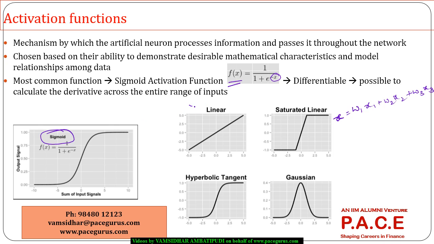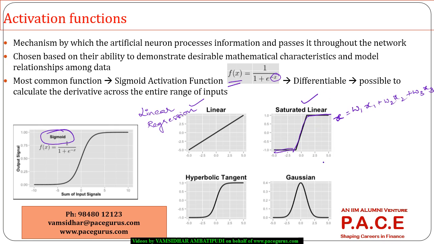I could also use a linear function, but as we know the linear function is more or less like a linear regression itself. So we don't get too much of a difference when we are using a linear activation function. In some cases we talk about a saturated linear, meaning up to a certain range it is linear, but after that it flattens out at -1 or at +1.